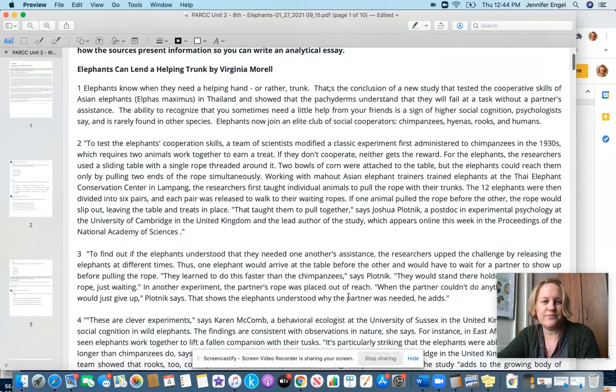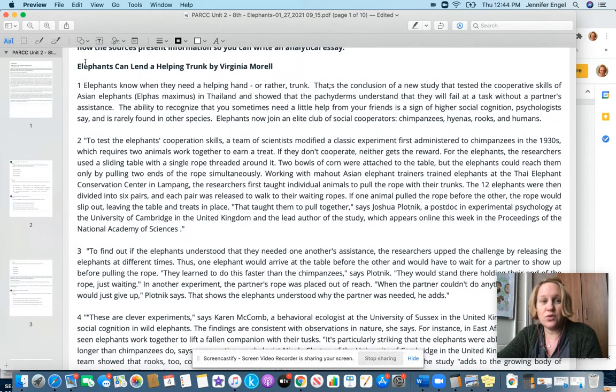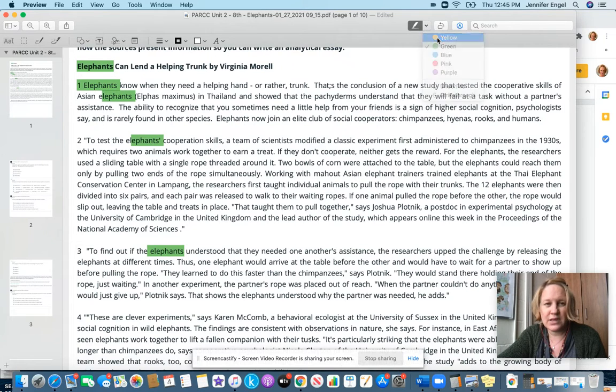All right. So again, when you skim and scan, and I'm just going to use some simple things here, you can actually see, I like to do my who in green. Again, even just those repeated words, elephants, elephants, elephants, elephants. I know now that that is what this article is about. Elephants. And then if I look at the action, it's in the title. That's a really good clue. Can lend a helping trunk.